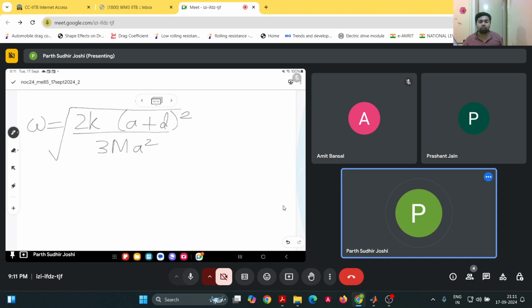The word polar moment of inertia actually means about the axis perpendicular to the plane of it. Here it is a disk, which is a planar object, so perpendicular to the plane it will be called polar. So you can say it is polar mass moment of inertia or polar area moment of inertia.